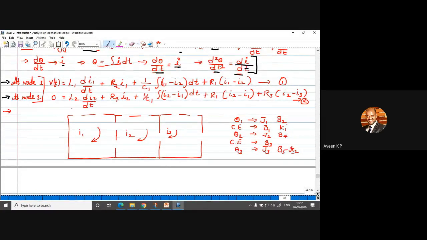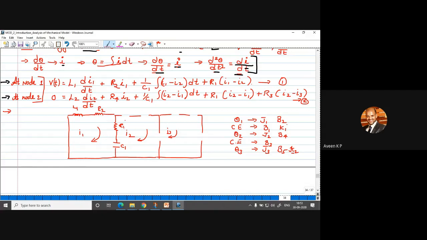So here J1 I will replace with L1. B2 will be replaced by R2, the resistance. So these are in series, and I will connect the common element as parallel. Again, B1 I will have R1. K1 as C1. And you should know C1 will be 1 by K, the reciprocal.